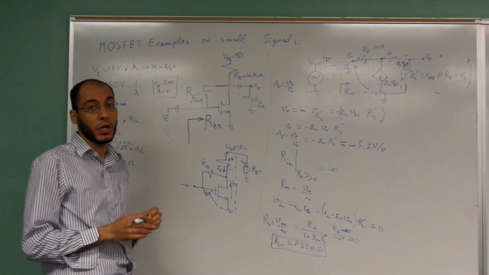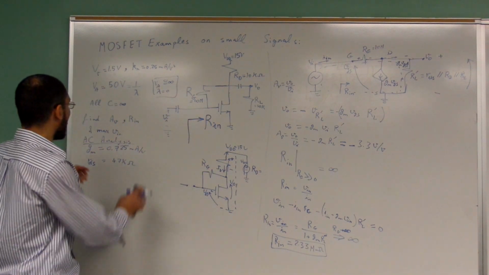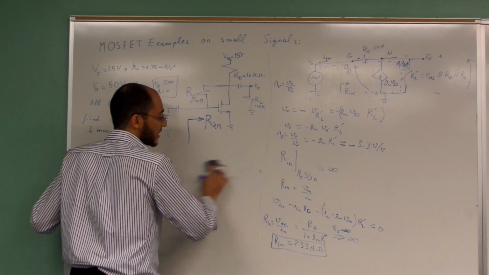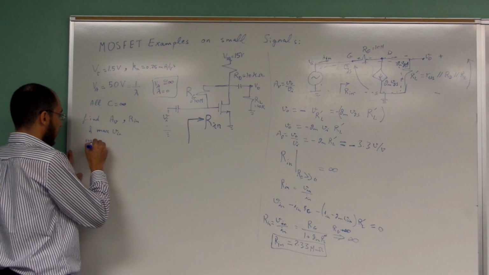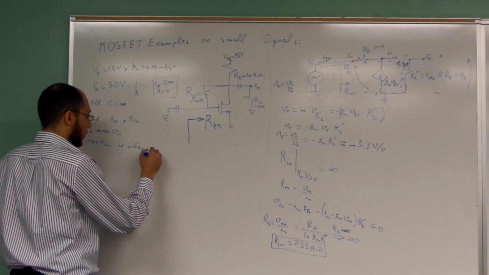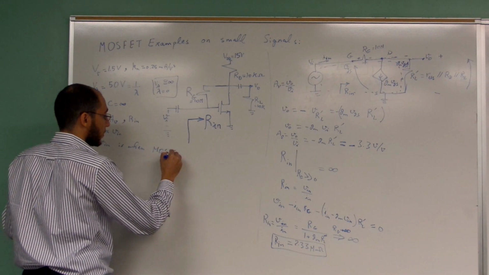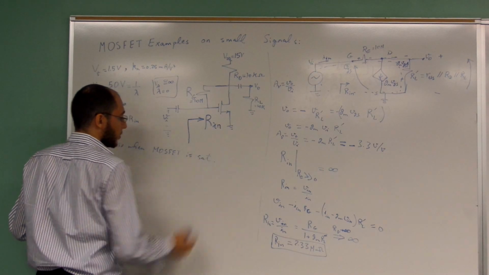We do not want it to move to the linear region. Why? Because this is the region where we want to have the transistor as an amplifier. Okay, so maximum V input is when the transistor, a MOSFET, is in saturation.